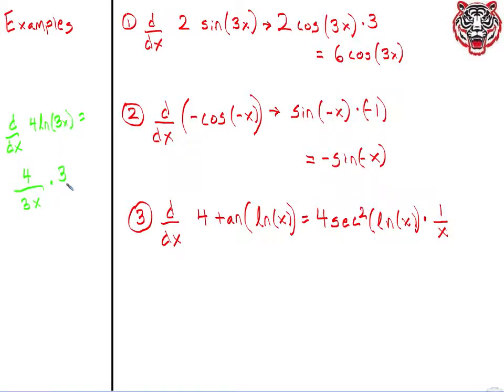Times 3. You keep whatever's on the outside of the natural log, and then you divide it by whatever was on the inner. There's no natural log when I take the derivative. You also have to multiply by 3, because that's multiplying by the derivative of the inner, exactly.